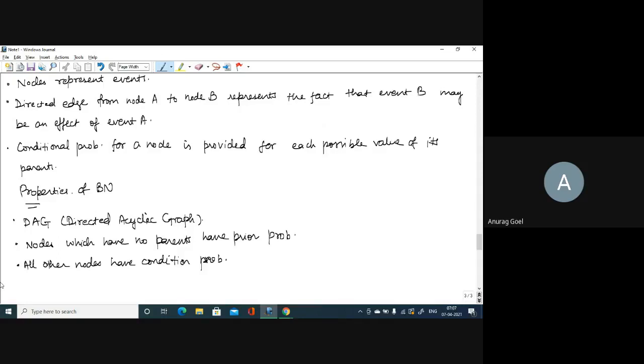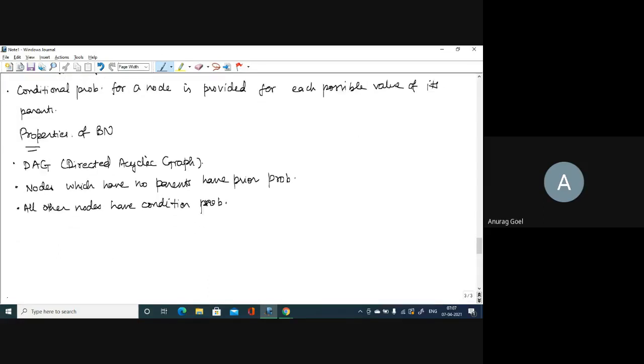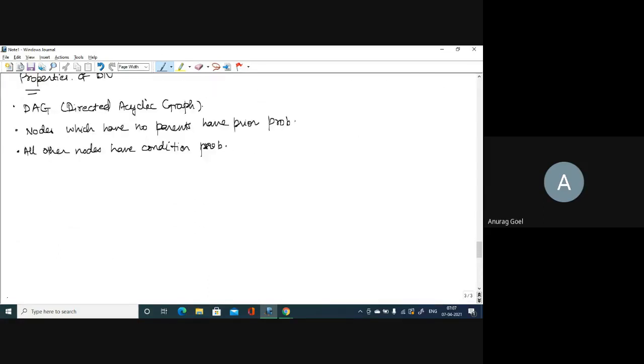We also have a couple of points related to the Bayesian approach, so let's see that.